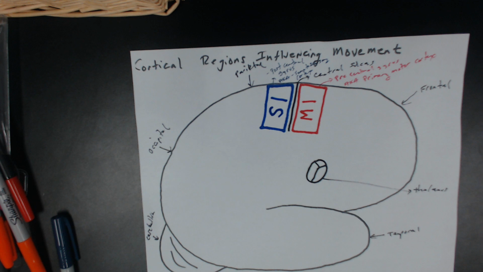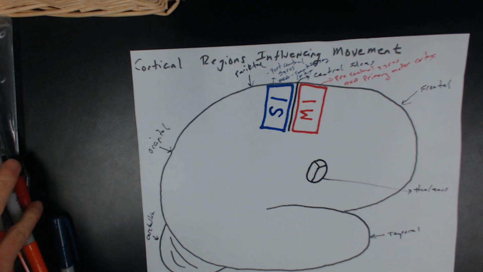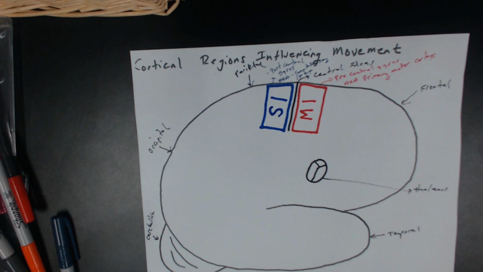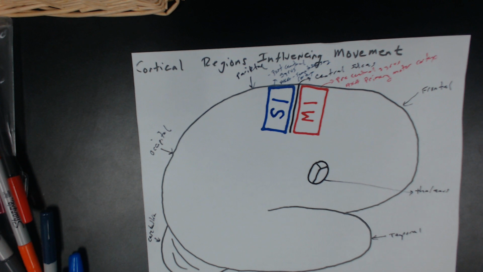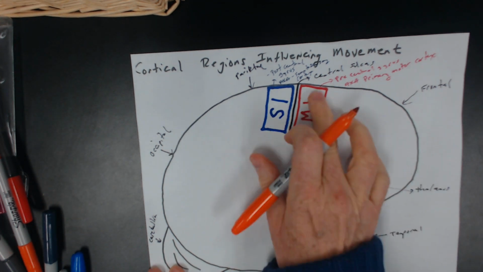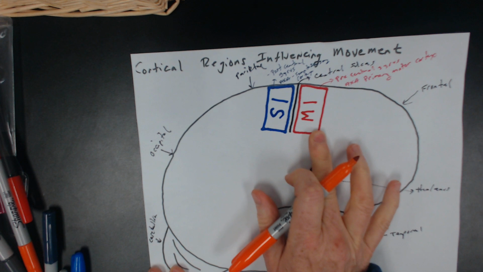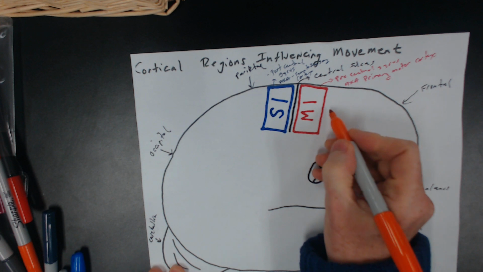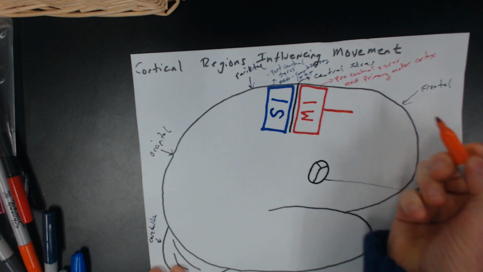Okay, nothing too major thus far. Now moving, let's do that orange. New stuff so far? There's another space. It's going to be in front of the precentral gyrus, still in the frontal lobe. Okay, I'm going to draw this little box right here. And this is orange.